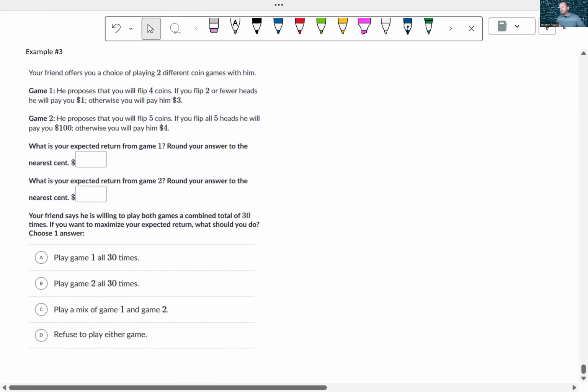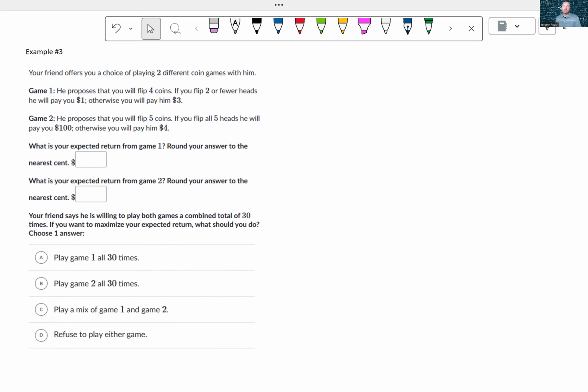Your friend offers you a choice to play two different coin games with him. The first game, he says that you're going to flip four coins. If you flip two or fewer heads, he gives you $1. Otherwise, you pay him $3. The second game, he says that you're going to flip five coins.